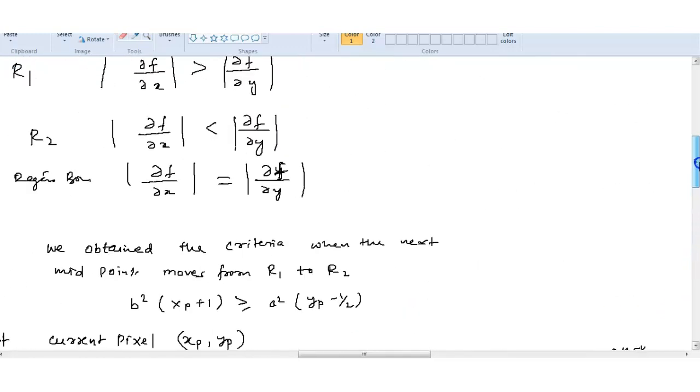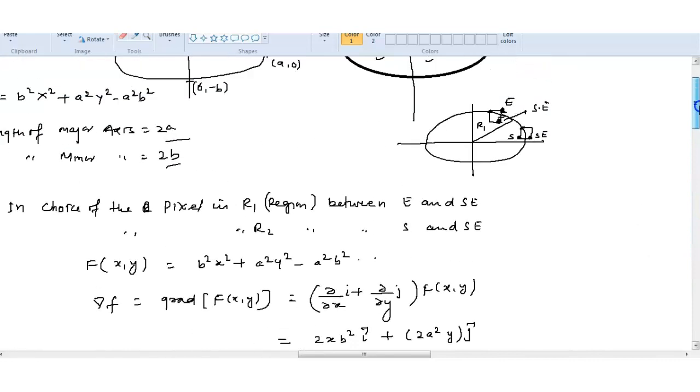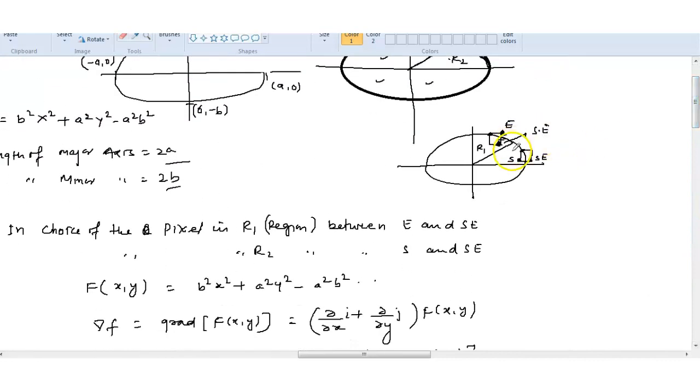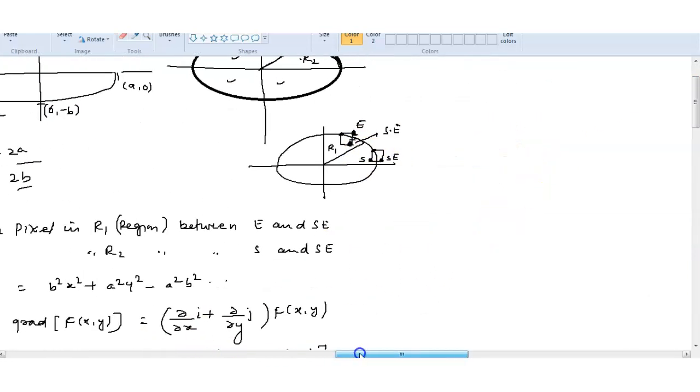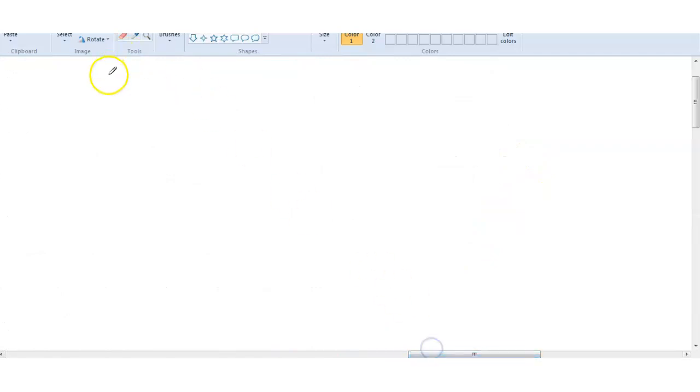Now the same thing we will talk about when the region is 2, in region R2. So let's consider xk and yk.